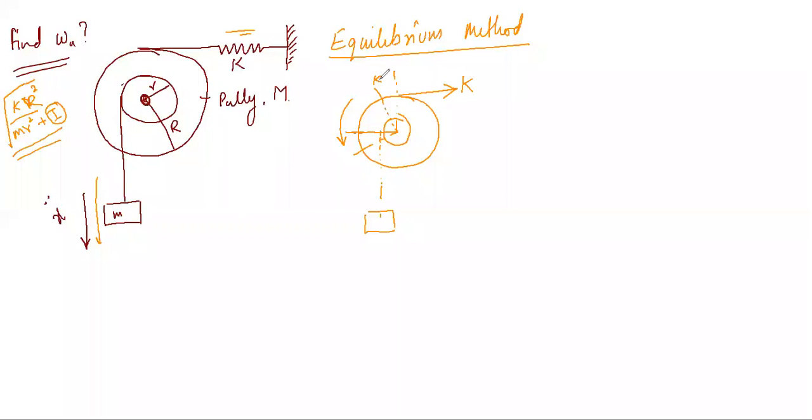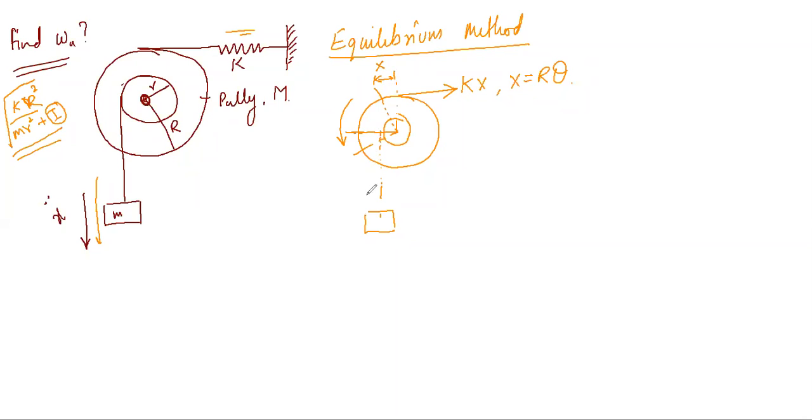This value is R, theta is the same. So suppose we write kx. That kx is the force acting on this particular point, and here the value of x is equal to capital R theta. Is it clear, class? Okay.